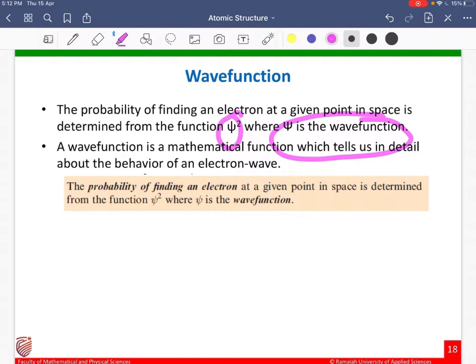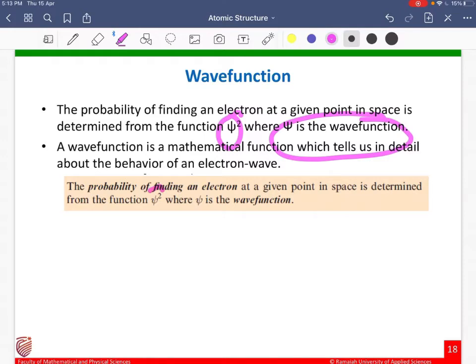A wave function is a mathematical function which tells us in detail about the behavior of an electron wave. Now, we must look for ways of saying something about the values of psi and psi square, and this leads us to the Schrodinger wave equation.